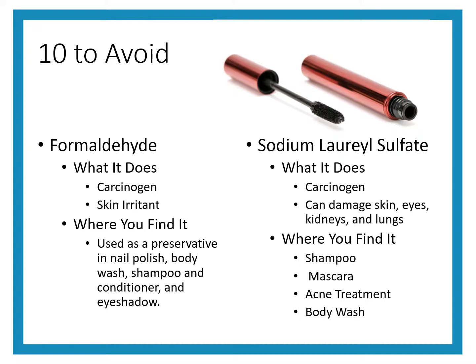So these are another one to watch out for. When they're found in shampoo, they're really hard and harsh on the hair and can actually strip your hair. So if you want something more gentle, stay away from products with sulfates in them.